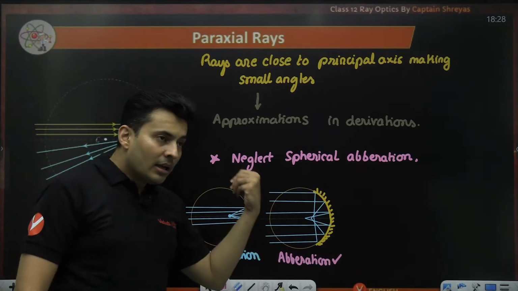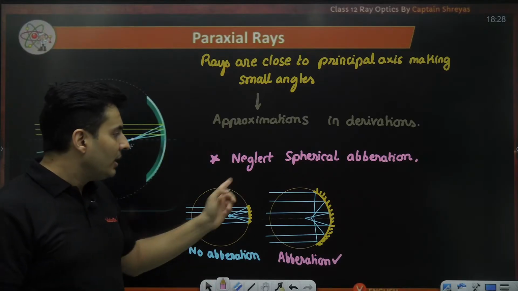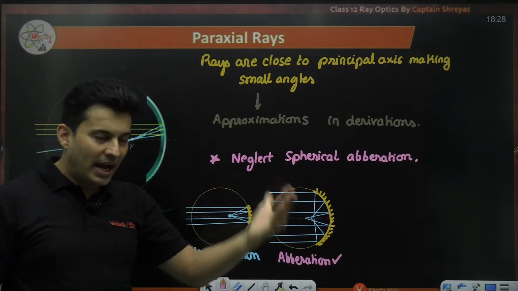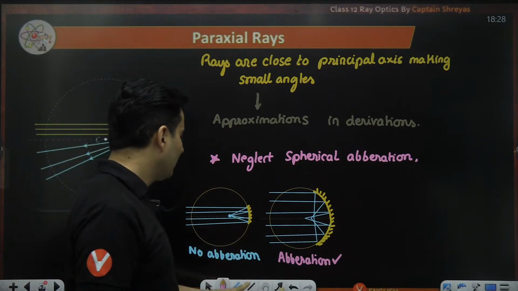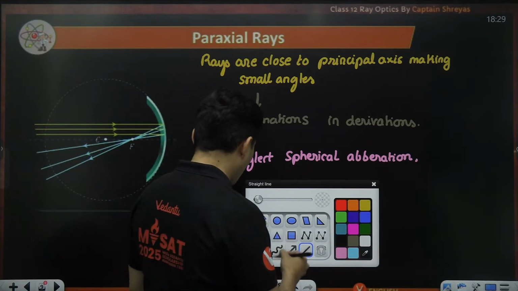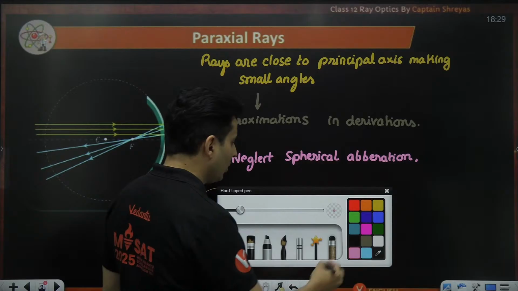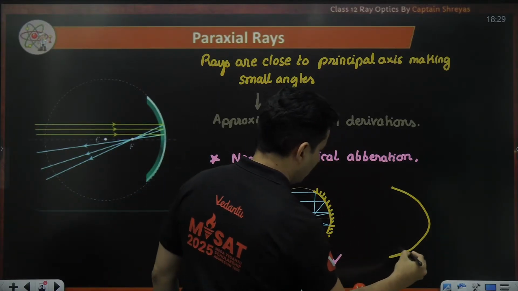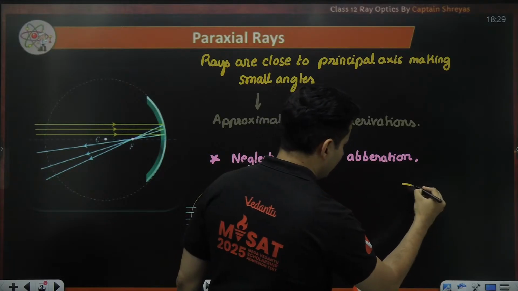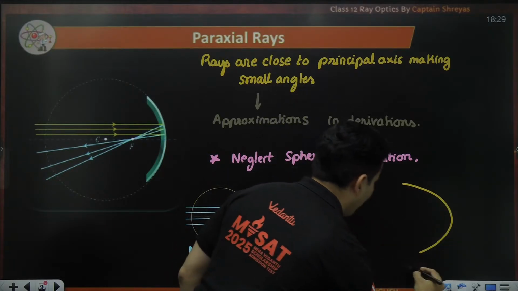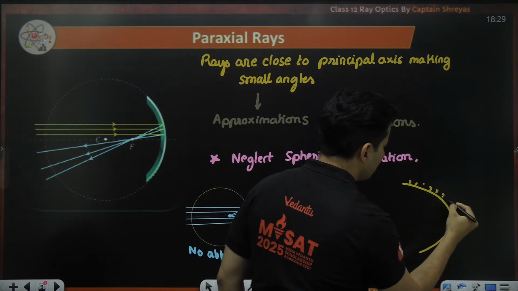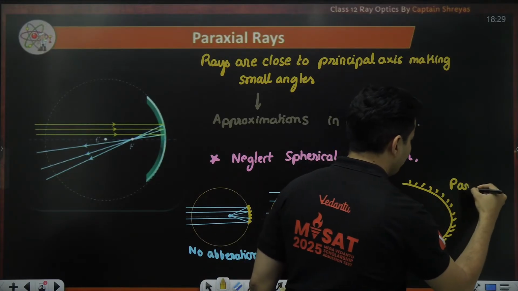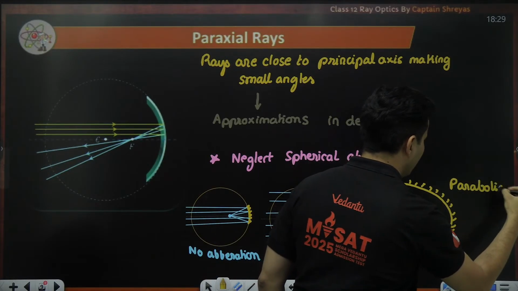Now, to avoid spherical aberration, we do not use spherical mirrors. In reality, we use parabolic mirrors to avoid that defect. When the mirror surface is big and you use a parabolic mirror, this is basically a parabolic mirror.